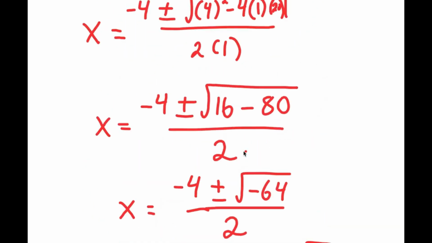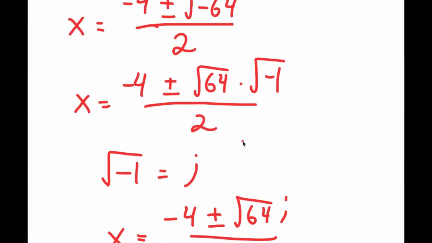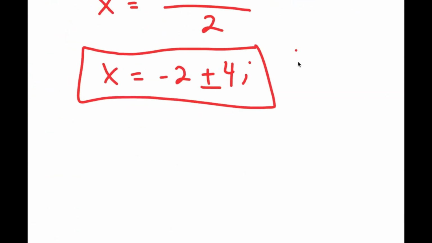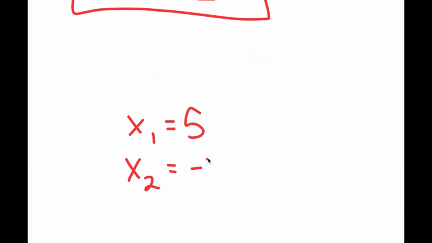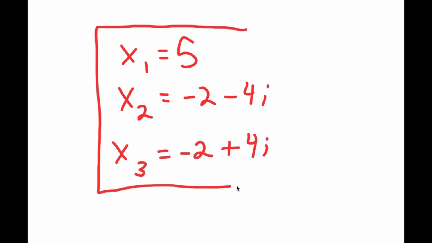So these are two other solutions. Now, my three solutions to this problem are x equals 5, x is equal to negative 2 minus 4i, and x is equal to negative 2 plus 4i.